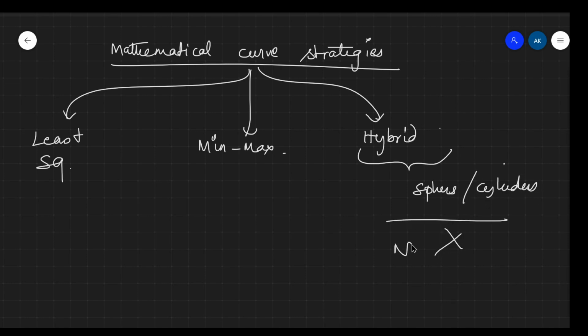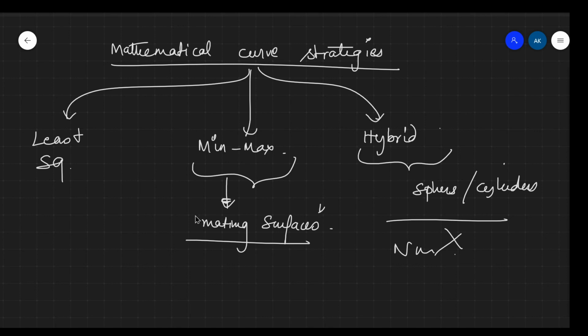Numerical cannot be asked from this area. Min-max is used for minimizing the tolerance zone and all. And yes, it is also good for your circles, shafts and mating surfaces. You can use the philosophy of inscribed and circumscribed over here.